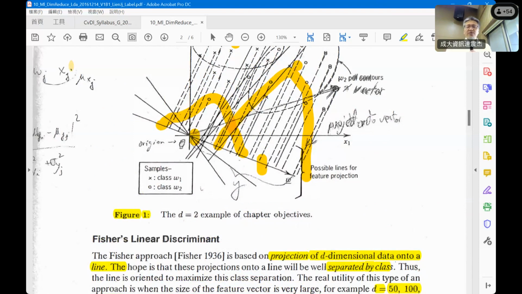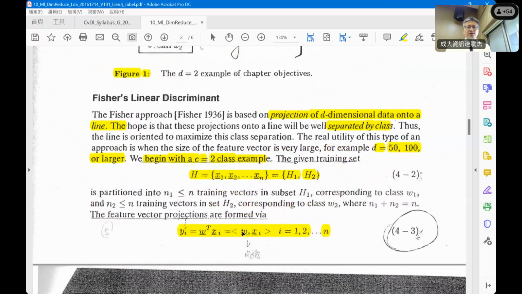Each point you want to project to the W domain. The inner product is a projection, a cosine theta, a relationship between two vectors.